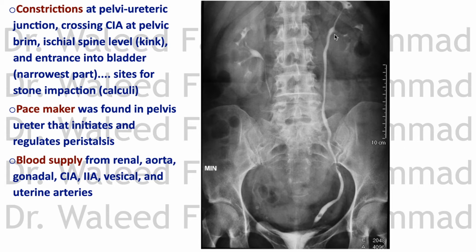The pelviureteric junction, as it crosses the common iliac artery, at the kink where it curves anteromedially at the level of the ischial spine, and as it enters the urinary bladder. Now, when they examined the pelvis of the ureter, they found a node, a pacemaker-like nervous tissue in the wall of the pelvis of the ureter that gets excited when the pelvis of the ureter gets distended, meaning it's full of urine.